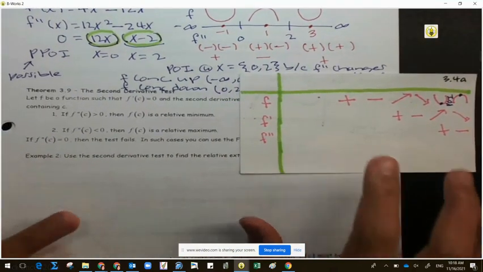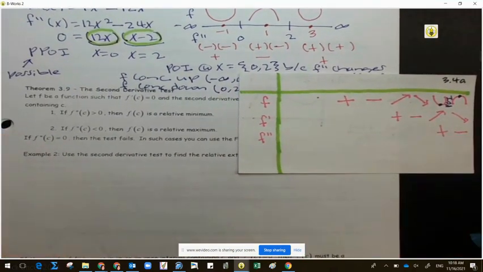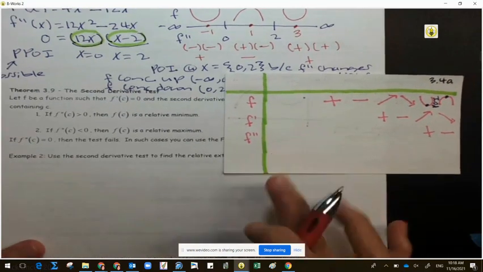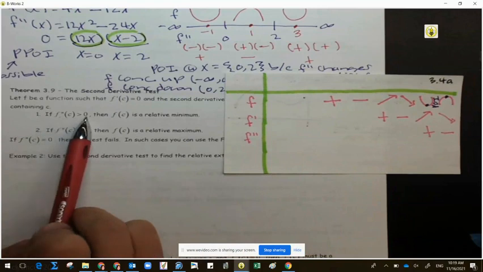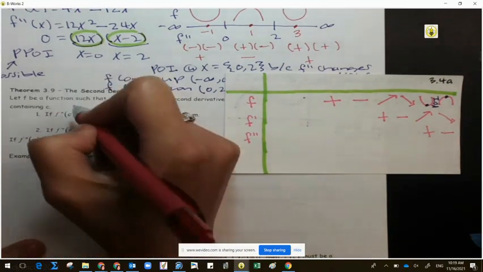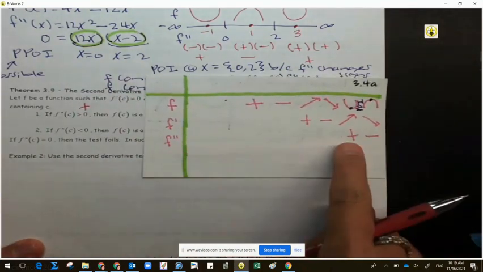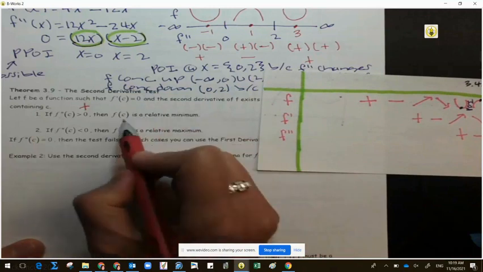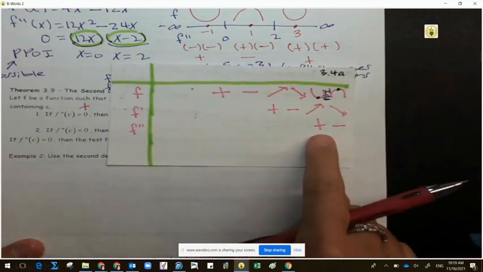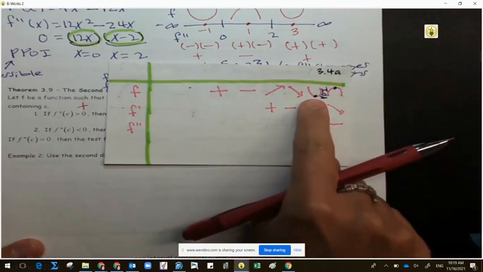All right, so I want to go ahead and answer our theorem 3.9. Is everyone ready? Okay, if f double prime is greater than 0, doesn't that mean f double prime is positive? Positive. So let's go to our card. F double prime is positive, then I know the original graph, when it's positive, has a relative minimum.